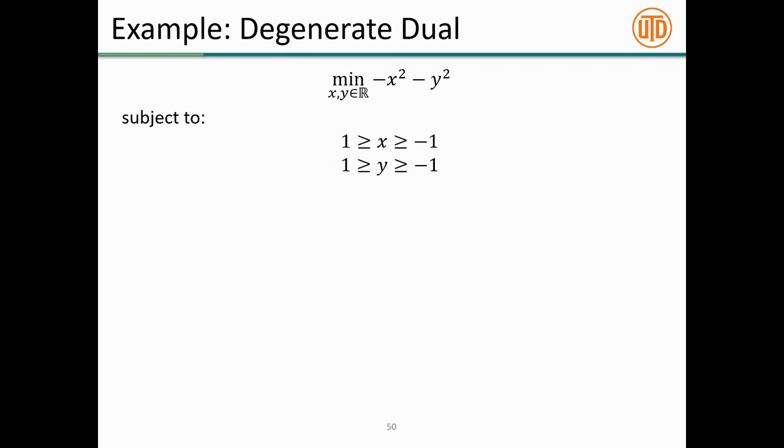You'll notice that the objective function here is a concave function, and I'm trying to minimize a concave function, which is not a convex optimization problem. If I was trying to maximize a concave function, then its negative would be the minimum of a convex function, which would be fine.